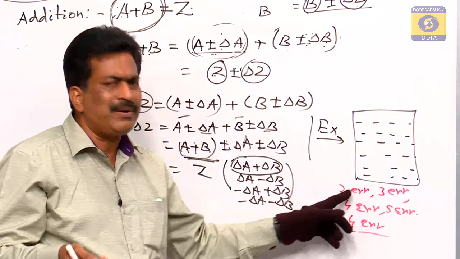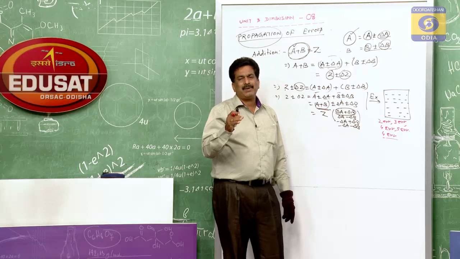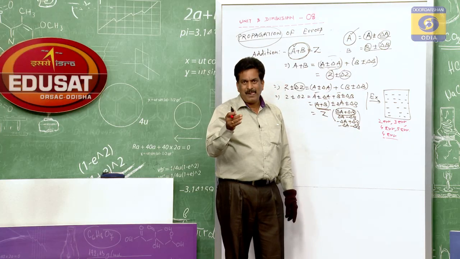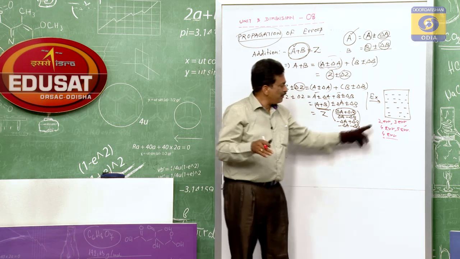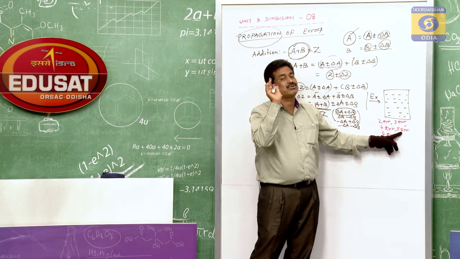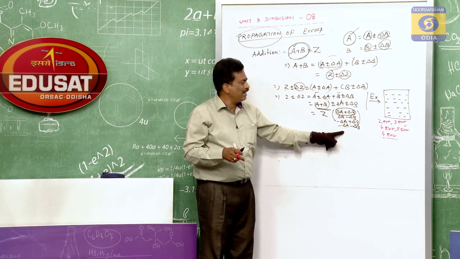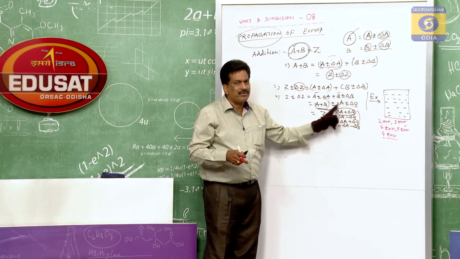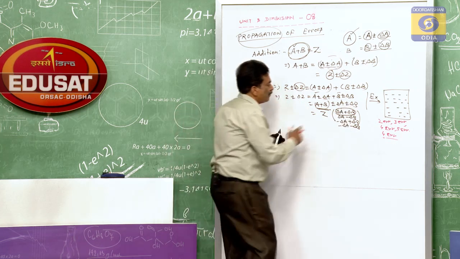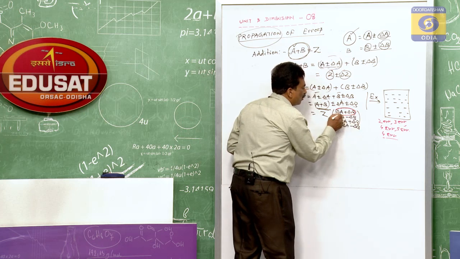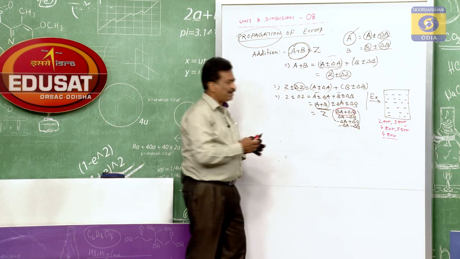Suppose one evaluated the paper with only 2 errors, means he has not valued it properly, because he did not give proper attention, as the other 3 errors are also there. Therefore, if the evaluators are measuring the same one, which one do we have to accept, my students? We have to accept the one with more evaluation, and that one is del A plus del B.